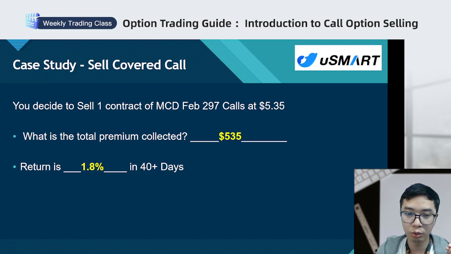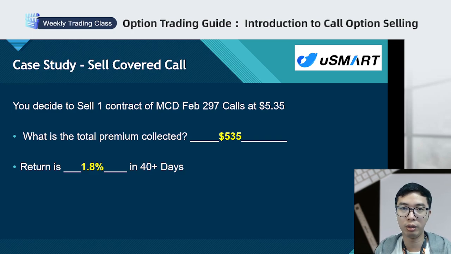The returns will be for an expiry date of more than 1 month. Usually I will buy more than 1 or 2 months expiry date options. It depends on the strategy. In this case, I will count it at 40 days to expire. So I collected $535 if it didn't hit 297.